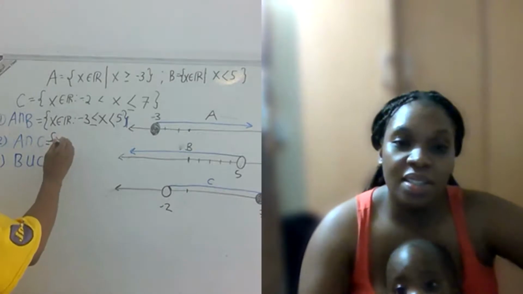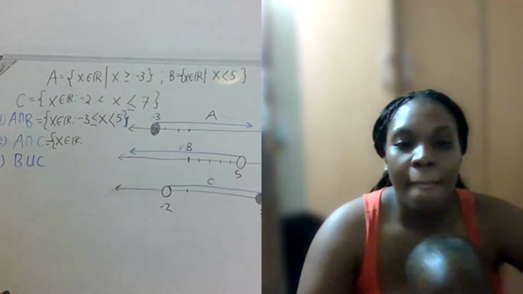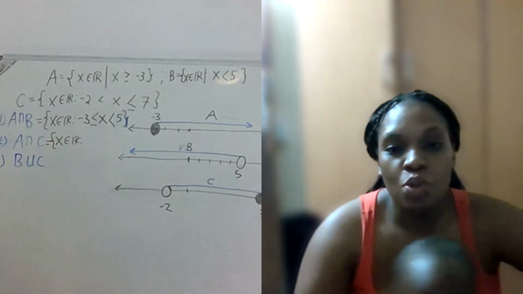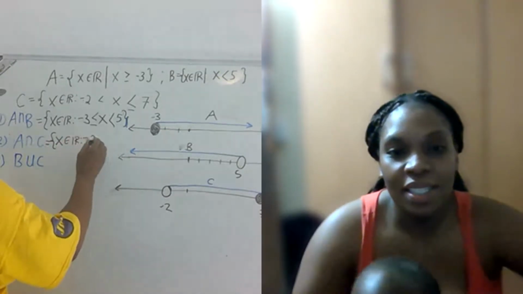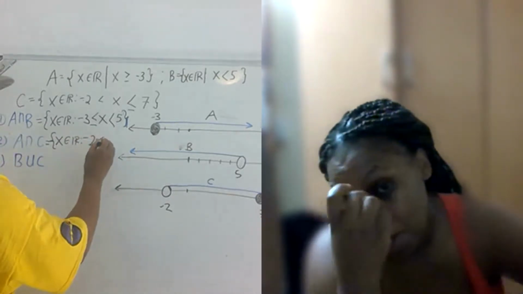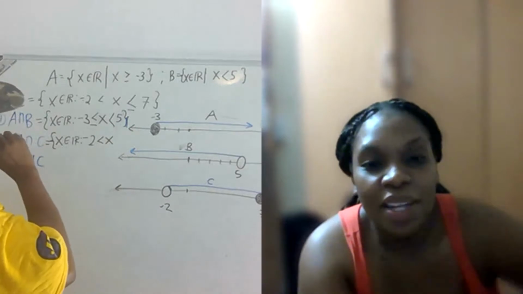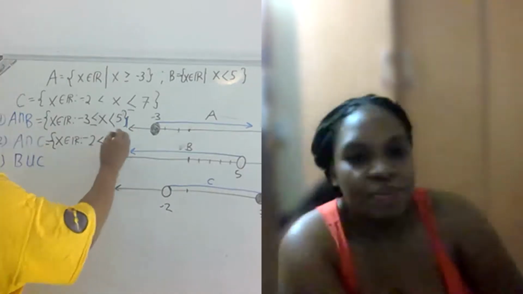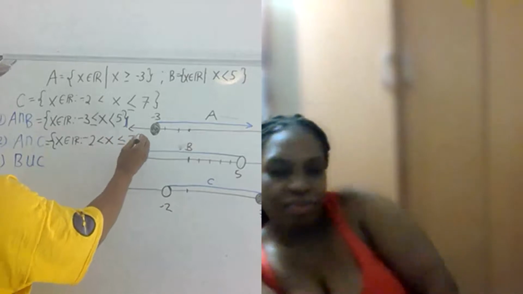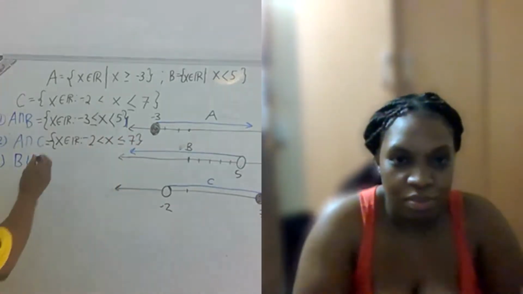Okay. X is an element of real numbers. -2 less than x, and then less than or equal to 7. Include. Okay, now let's go for the last one.